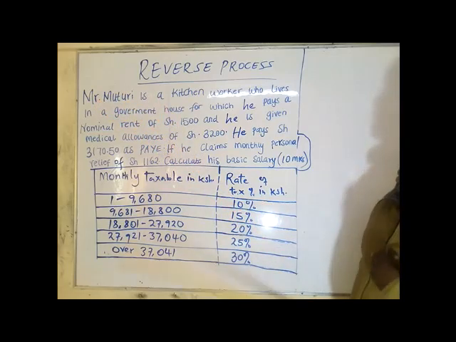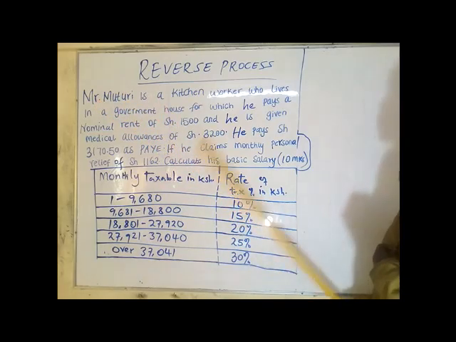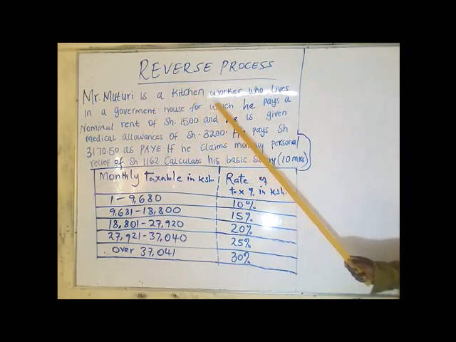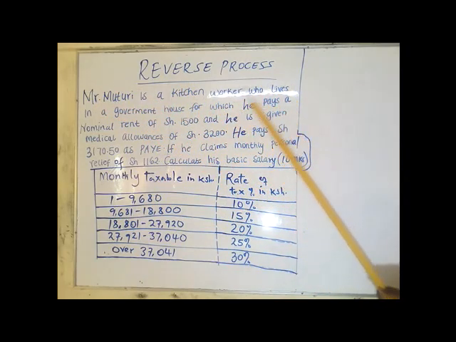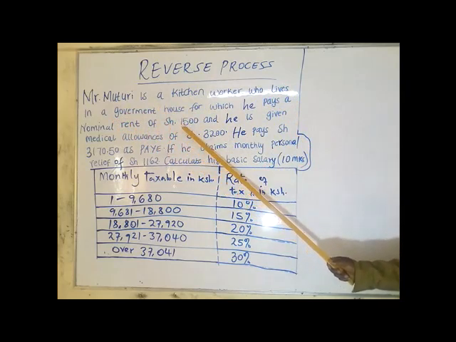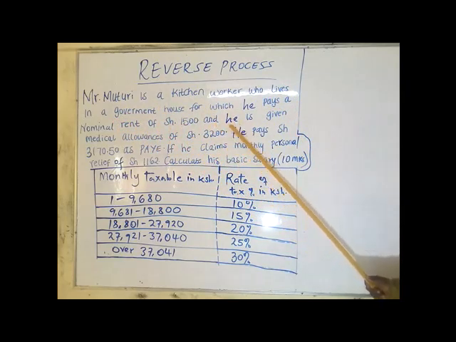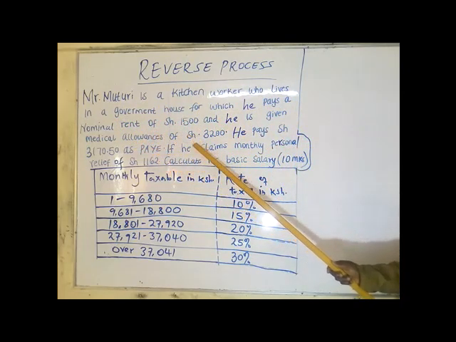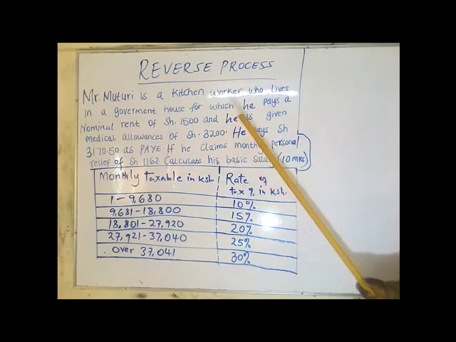Mr. Muturi is a kitchen worker who lives in a government house for which he pays a nominal rent of Kenya shillings 1,500, and he is given a medical allowance of Kenya shillings 3,200.